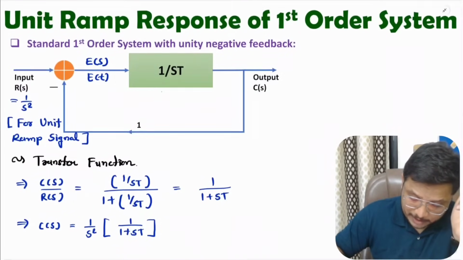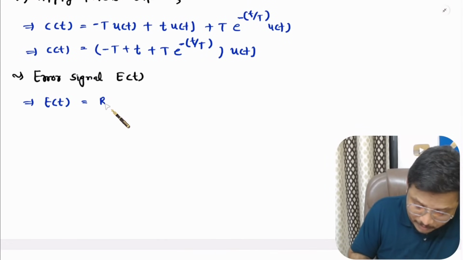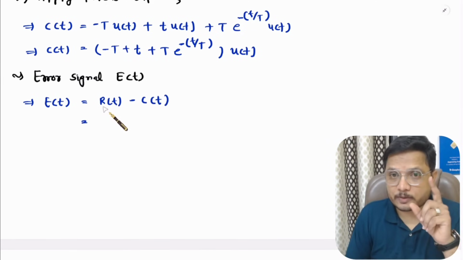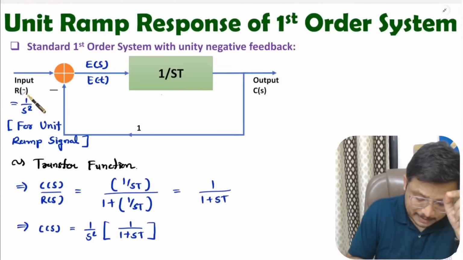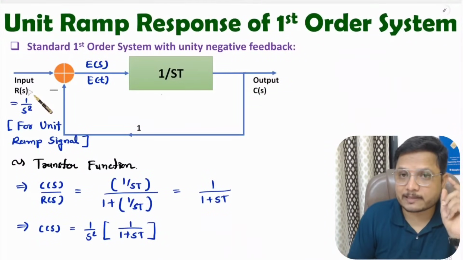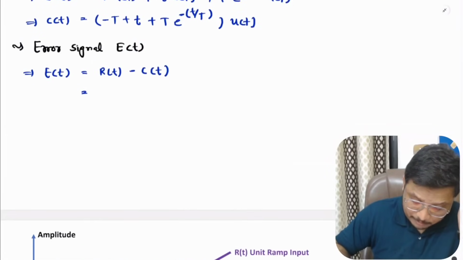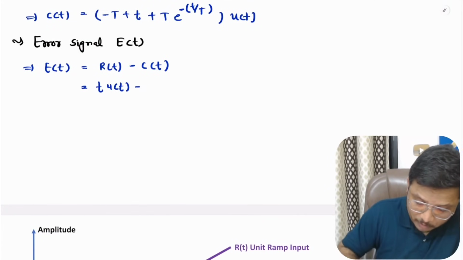So the error signal E of t will be the input signal R of t minus the output C of t. Here R of t is the input signal, which is the ramp signal, that is t into u of t.